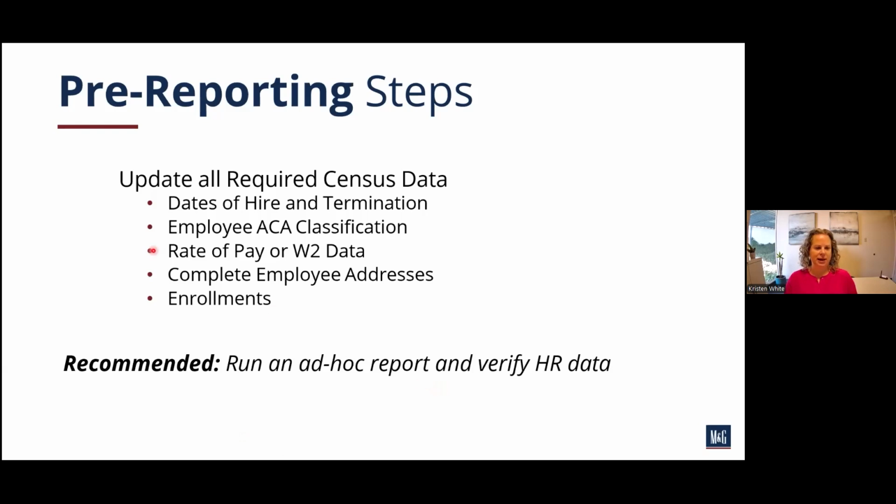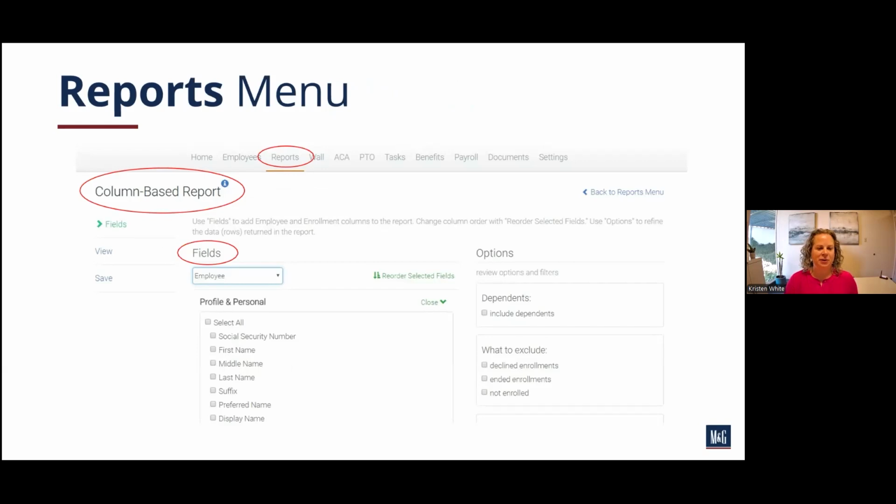So you're going to look at things like hire and term dates, the classifications like full-time, part-time, make sure you have the pay information updated, address, benefits enrollment, all that good stuff. So if you do an ad hoc report, you go under reports and then recommend a column-based report, and then you can pick which fields you want and then run that and look at your data.